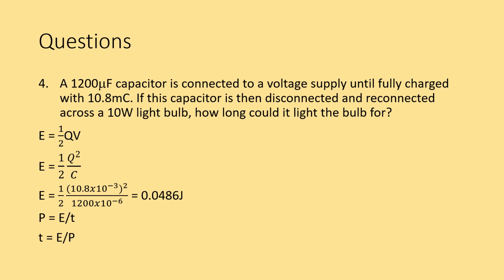We rearrange this to give us time equals energy divided by power. This then is going to be 0.0486 divided by 10 watts, which gives us 0.00486 or 4.8 milliseconds. Okay, so it's a really good idea to sense check everything that you do.